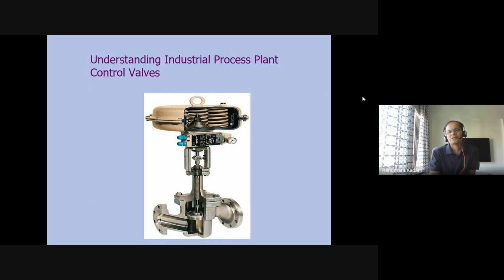And hardly 10 rupees goes for the DCS or control room instrumentation automation system maintenance. This is also the failure pattern: control valves fail more, the frequency is more. Therefore, entire attention is on the control valve in the process industries.